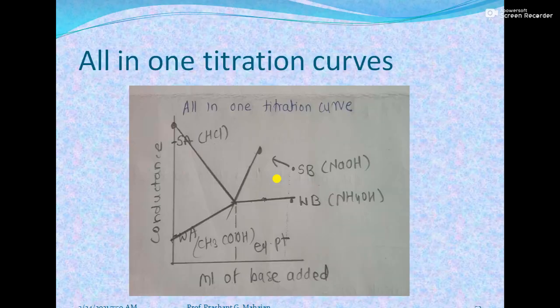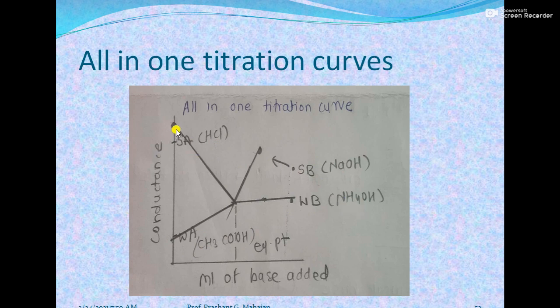So this is the all-in-one titration curve. That means you can see here you will get all four types of titration, starting with strong acid, HCl is written here, then strong base, NaOH is written here, then weak acid, acetic acid is written here, and weak base is NH4OH.